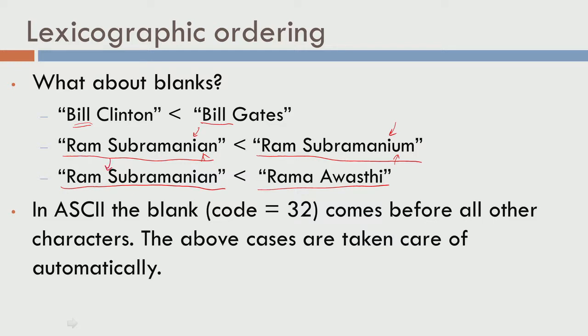The fourth character is a space, whereas the fourth character is A, and in storage, space gets a code 32 and that comes before the code for A. The code for lowercase a is 97, and the code for space is 32. Since space comes before any valid letter in the sequence of characters, Ram space Subramanian is less than Rama space Avasti.